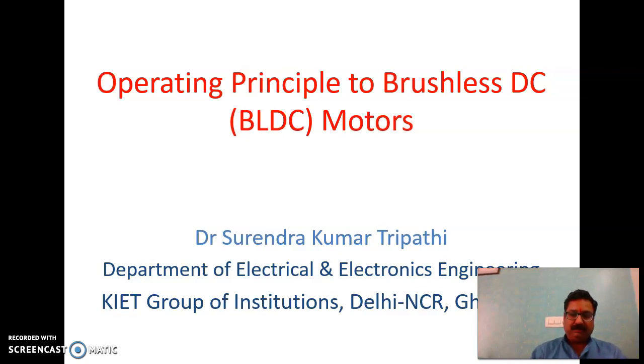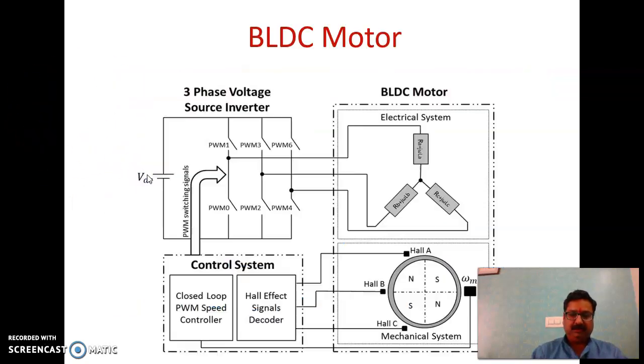So what we have discussed in the previous lecture is the construction. It consists of two parts, stator and rotor. Rotor consists of permanent magnet and stator consists of armature windings. Electronic converter is there, control system is there. Controlling is done by the signal received from the Hall effect sensor.